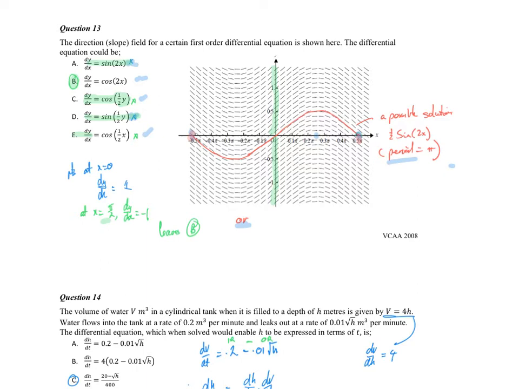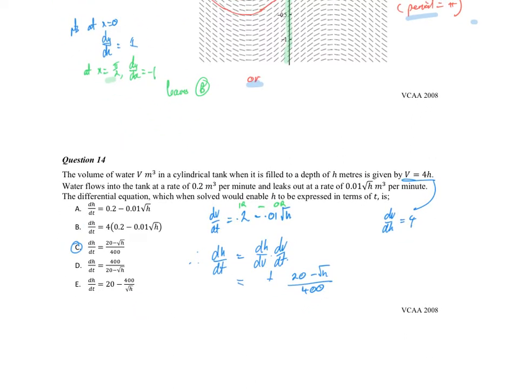Which of these particular derivatives would give me a sine function with a period of pi? Well, since we're looking at the derivative, it's got to be a cos something. And only cos 2x is going to give me a period of pi, isn't it? A sine function with a period of pi. So either option is reasonable. I guess I prefer to substitute points in as opposed to trying to come up with a rule for the actual equation.